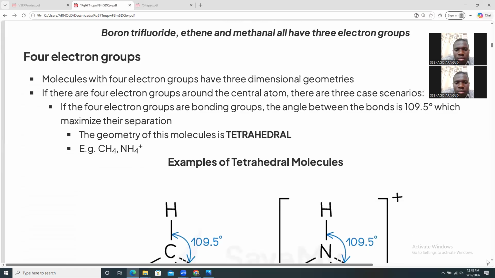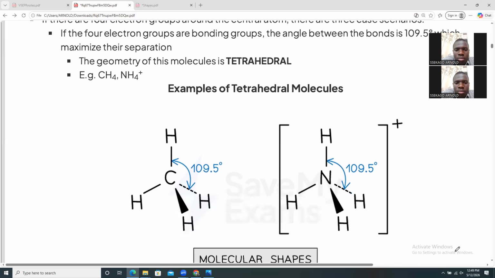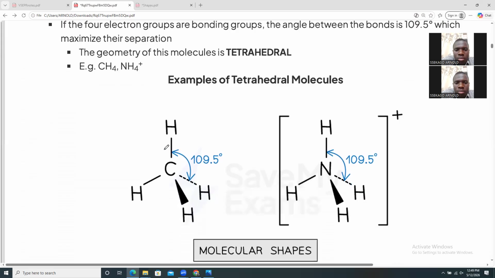Then the next one is the 4 electronic groups, where you have 4 things surrounding an atom. Now methane: we drew the structure of methane in class. Also here is hydronium, where I explained the coordinate bond within hydronium.